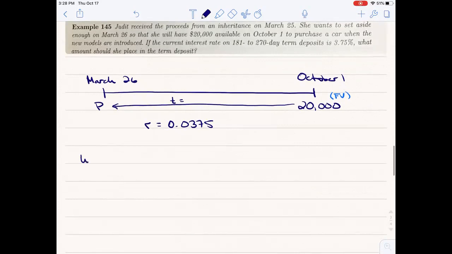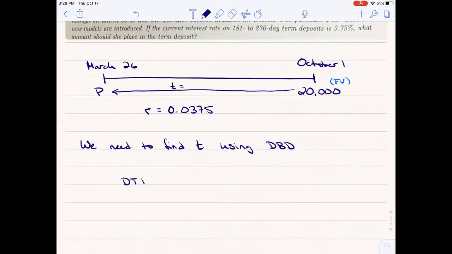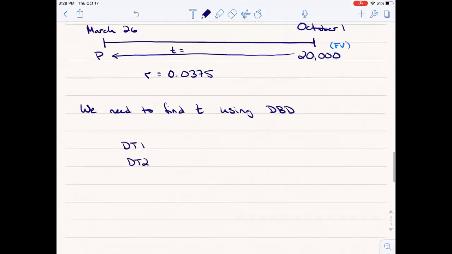So we need to find T using dates between, or DBD, days between dates. Remember how to show your work when you're using your calculator. You're going to list all the inputs. So it takes date 1, it takes date 2, and it takes DBD.